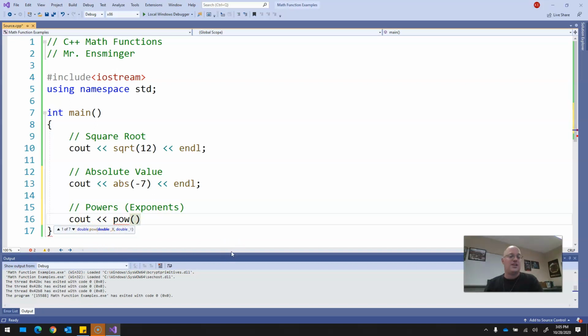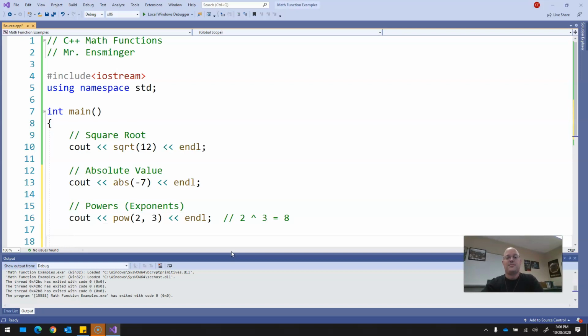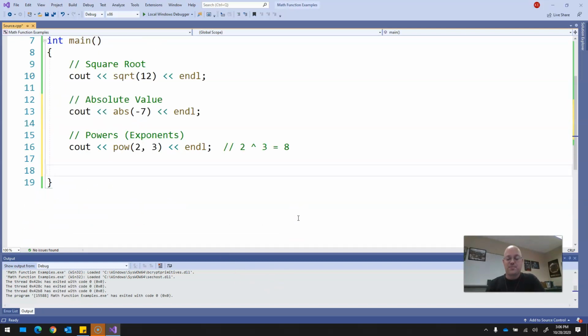So the way this works is you have the base, comma, the exponent. So let's say you want to do something very simple like 2 to the 3rd power. 2, comma 3 is going to give you 2 raised to the 3rd power, which of course will equal 8. Pretty simple. That works, just so you know, for fractional exponents, rational exponents.